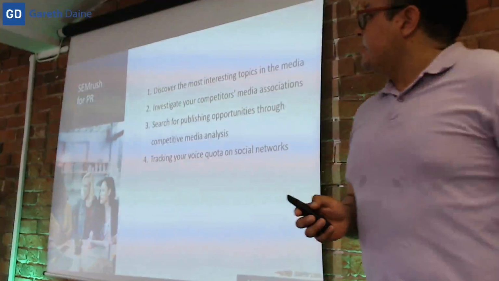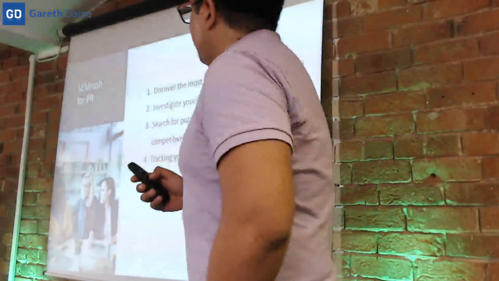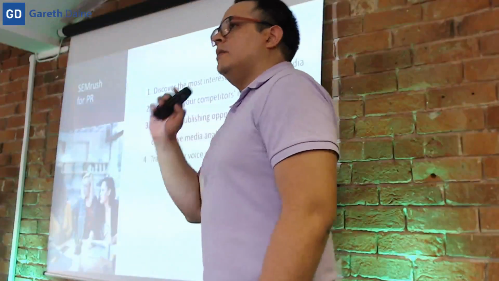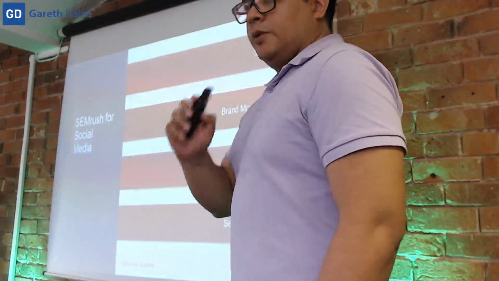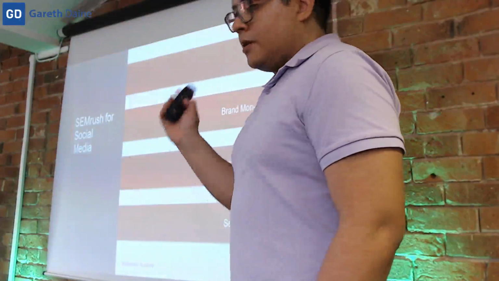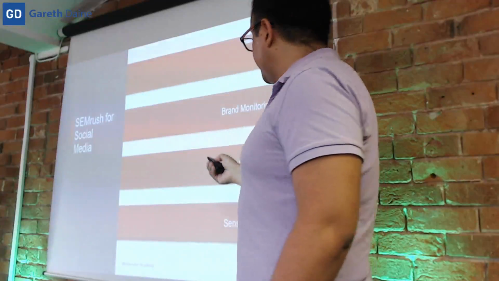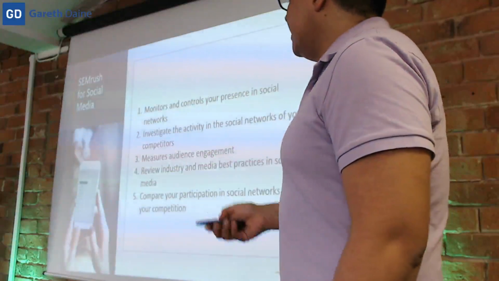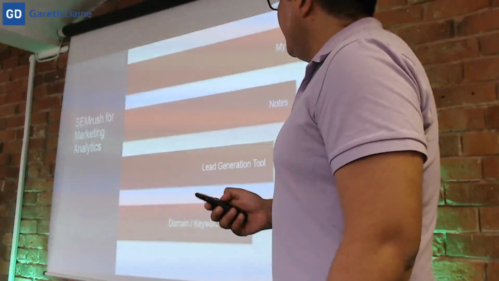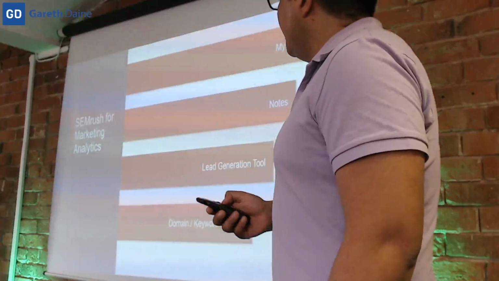Yes, that's SEMrush for PR, controlling and monitoring what's happening in the environment. SEMrush for social media. We just talked about the social media tool. You can also use the brand monitoring tool, traffic analytics, and the sensor that I showed you before. And the last thing is SEMrush for marketing analytics.